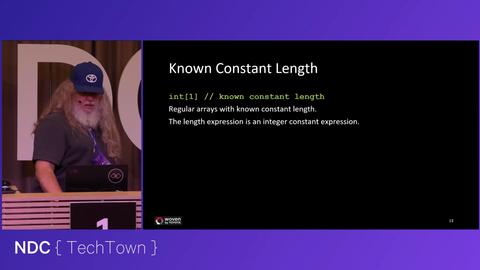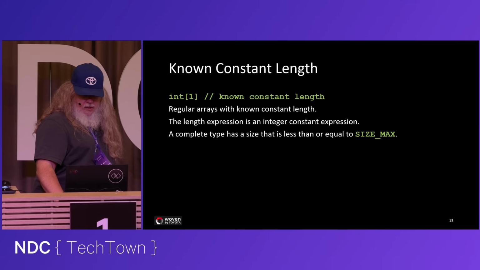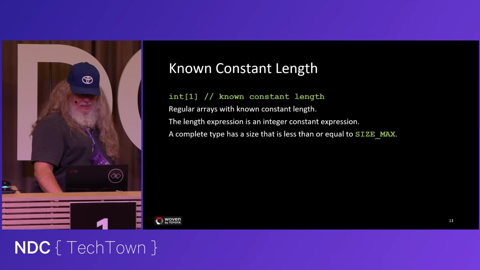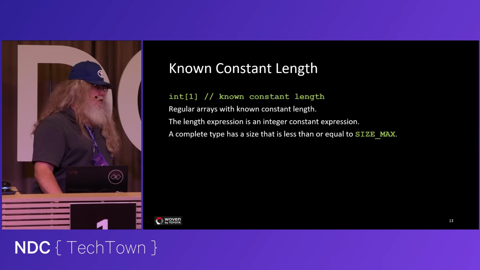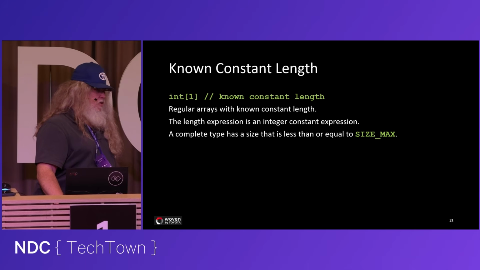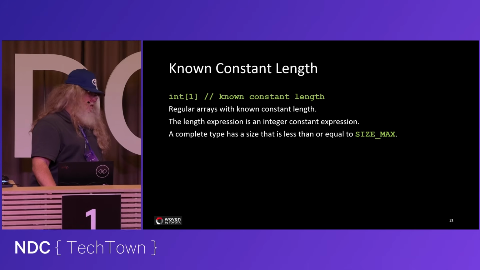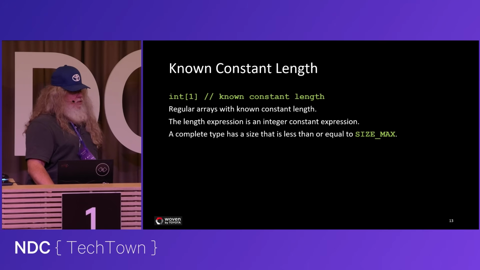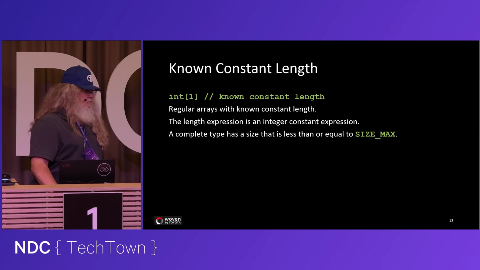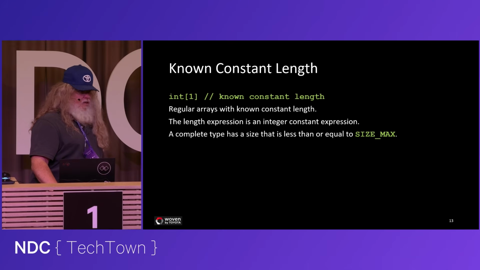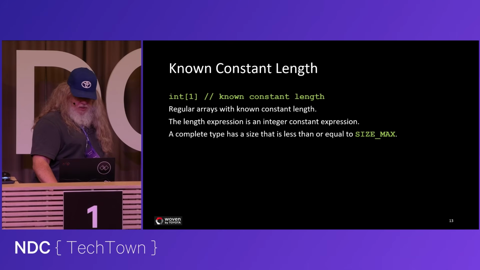The length expression has to be an integer constant expression, and a complete type has a size that's less than or equal to SIZE_MAX. The index operator takes an expression that's constrained to be an integer type. It doesn't have to be an unsigned integer type. It can be int, size_t, bool, any integer type, ptrdiff_t. It can't be a floating point type. That would be a constraint violation.